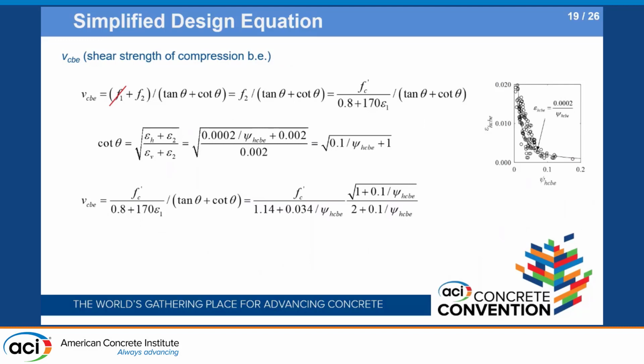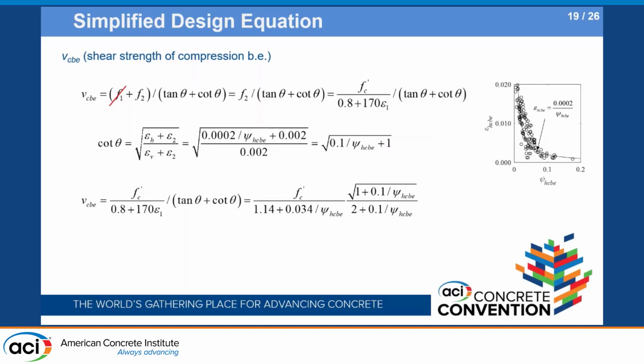And for compression boundary element, given that it is subjected to a combined compression shear state, it's basically a function of compressive strength, but with some reinforcement ratio terms.